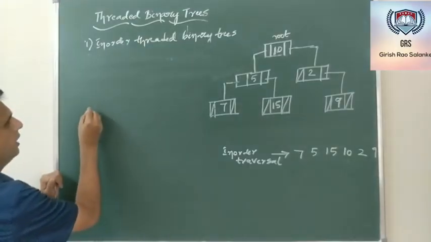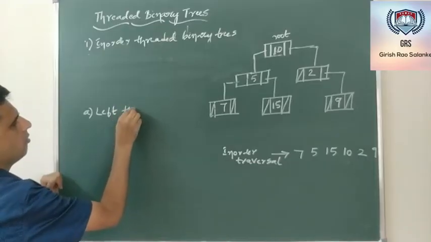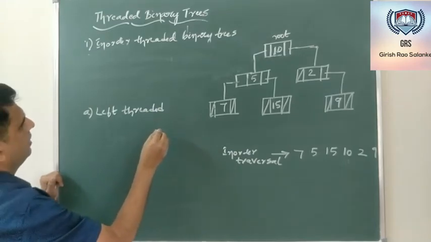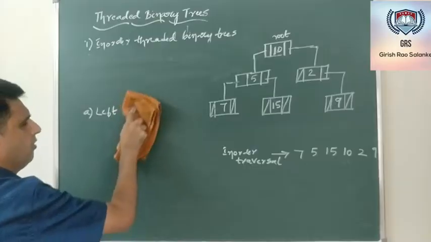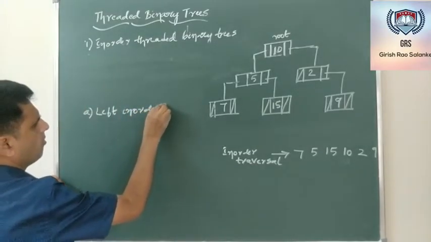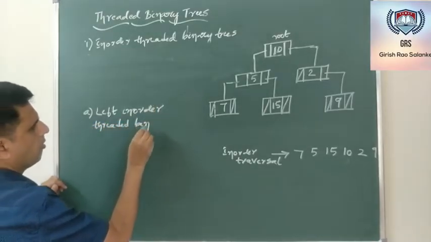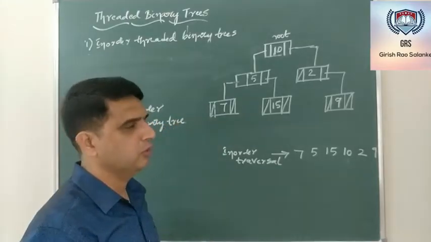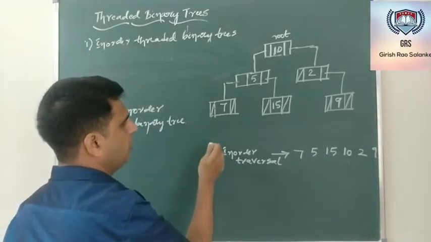Now, if I want to come up with the left-threaded binary trees, I'll write it as a left in-order threaded binary tree. So I am worried only about the left address because it is the left in-order threaded binary tree.